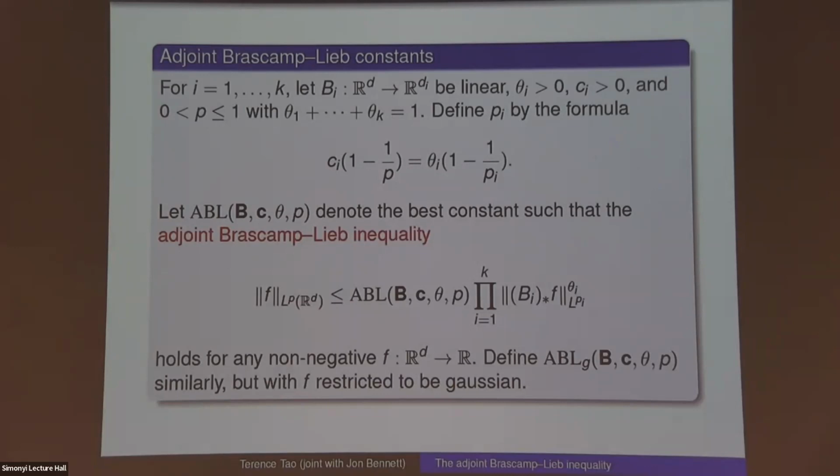You get the same setup as in the forward Brascamp-Lieb inequality, where you have a whole bunch of linear transformations, B1 to BK, onto small spaces. So that's part of our data. We again have some exponents c_i.